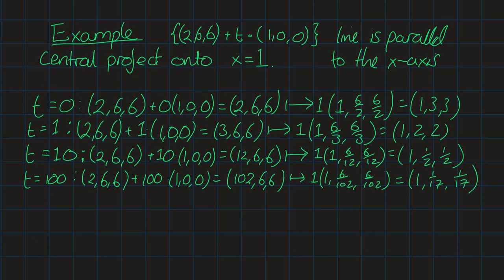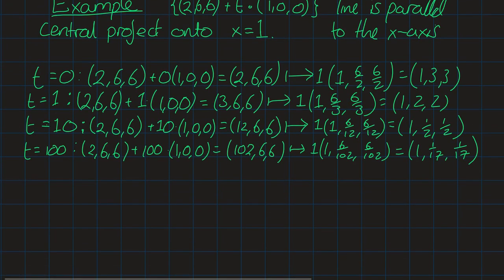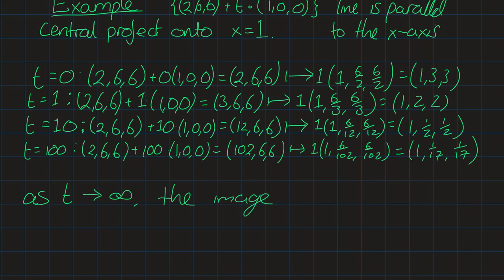So the idea is I'm taking t bigger and bigger, and I'm looking for a pattern in the image. It seems reasonable to guess that as t goes towards infinity, the image point goes to (1,0,0).